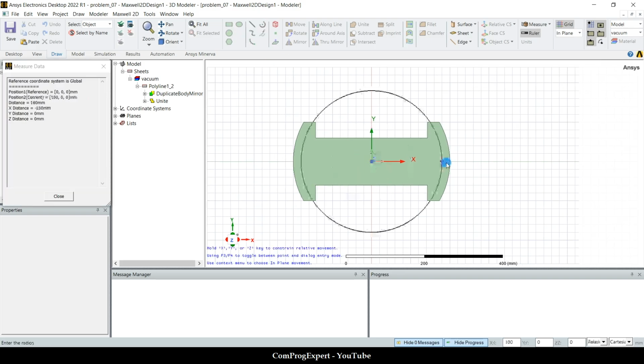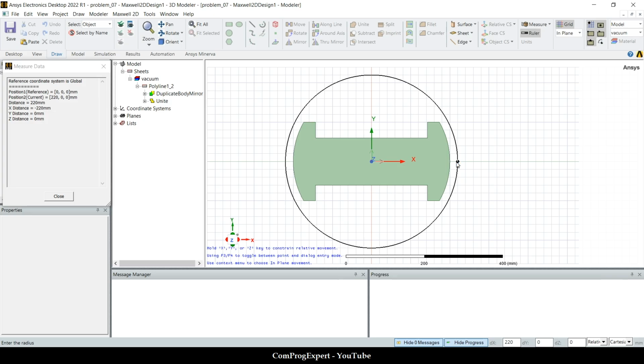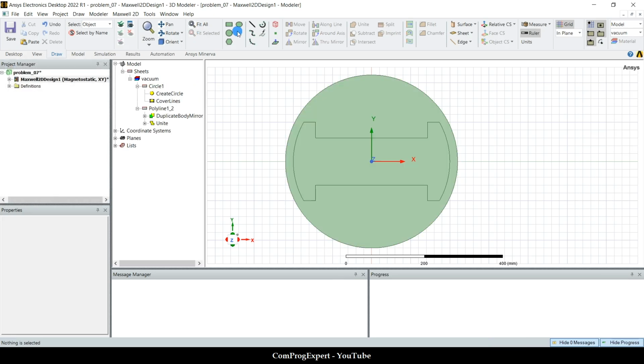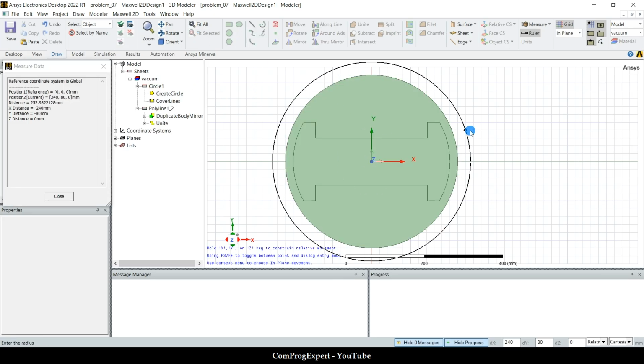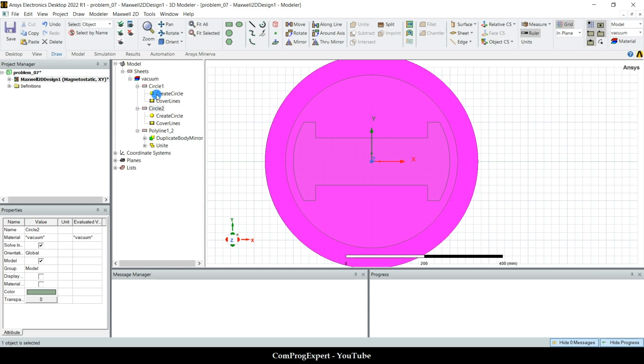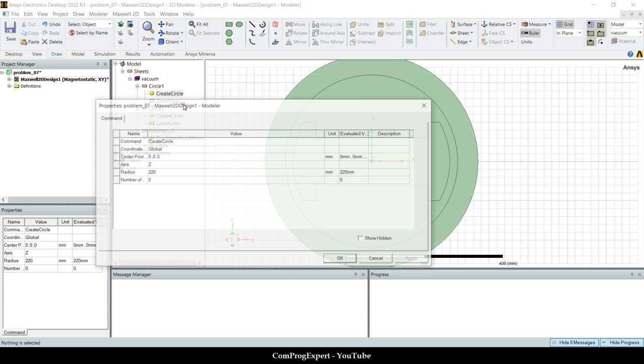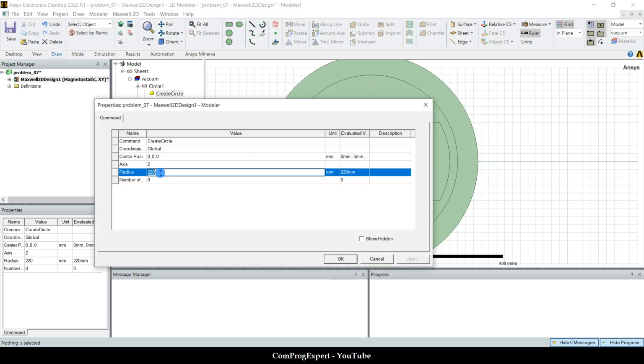And here we can draw these two circles. Circle 1, the radius is r gap plus 2.5 millimeter.